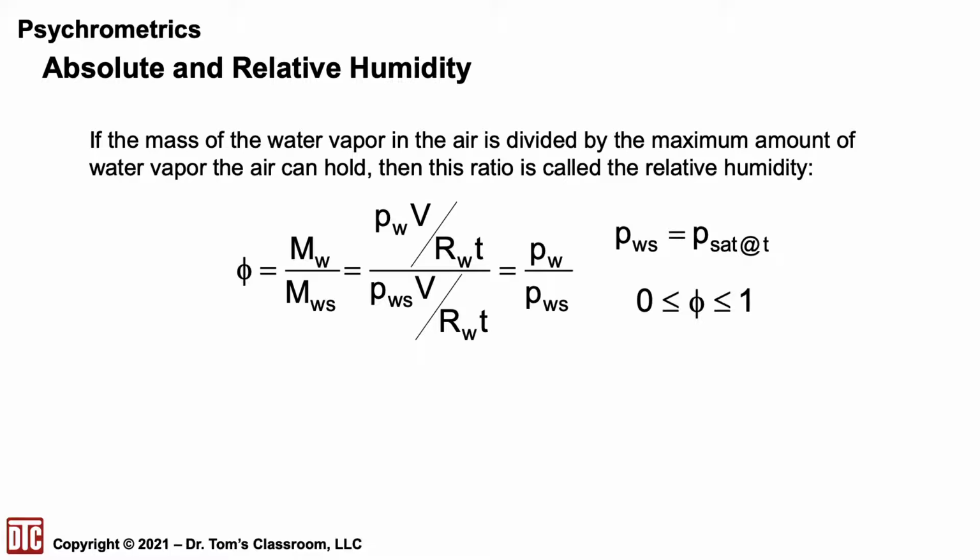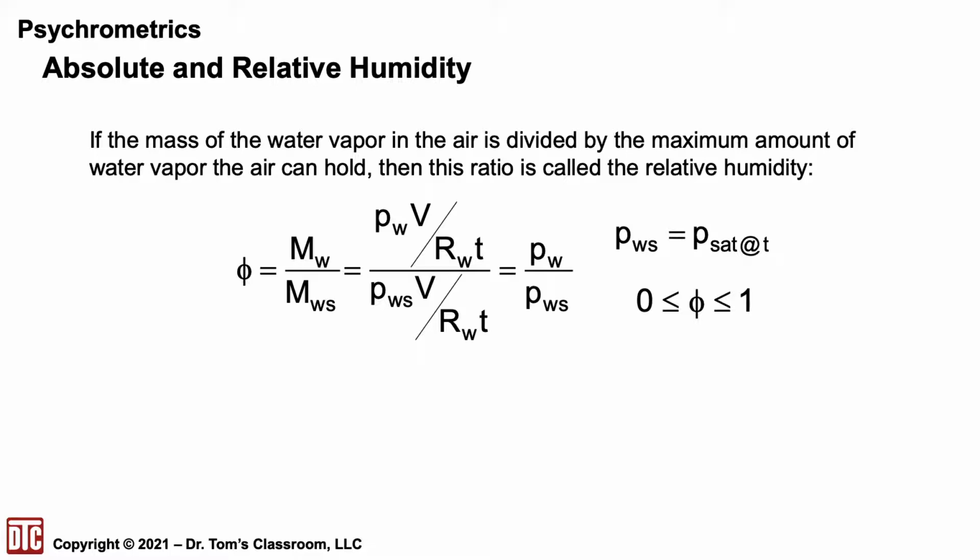And I can throw in my ideal gas law again and play some games, knowing that the molar mass of water and R_w basically cancel out, as does V and T. And I can say that the mass ratio is equal to the pressure ratio, P_w over what the vapor pressure would be at saturation.